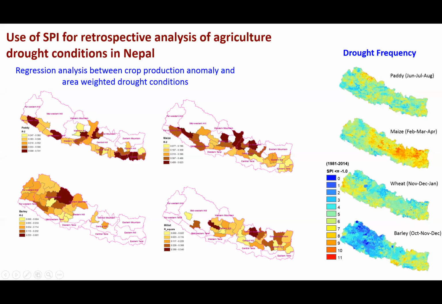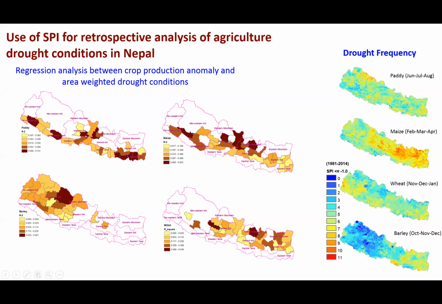And similarly, for the wheat crop, the wheat crop zone is northwestern Nepal, and there again during this period historically we are not seeing too many drought events. But in the eastern region is relatively more under drought severity condition in terms of historic drought frequency.